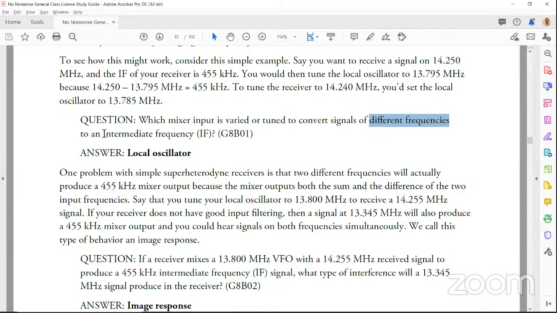And the output is one fixed IF, or the intermediate frequency. Remember we said that about the mixer? The mixer works in such a way that it always outputs the same intermediate frequency. But what is that other input? It's the local oscillator. So you have the local oscillator plus the RF input frequency inside of the mixer, and it outputs the sum and the difference, and it goes to the IF stage.